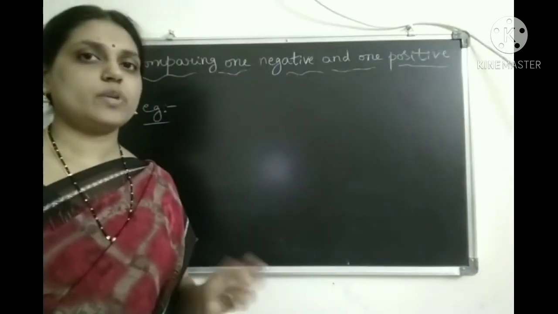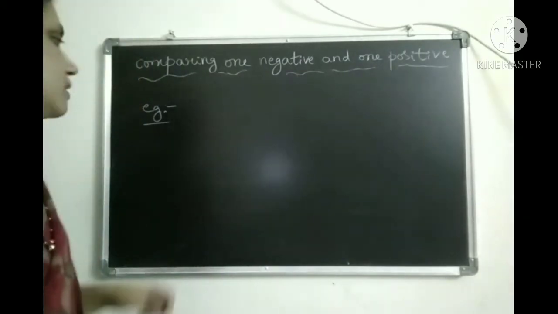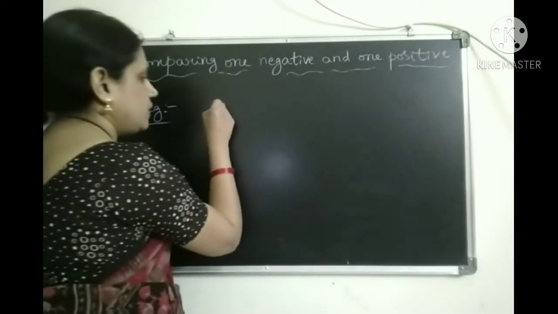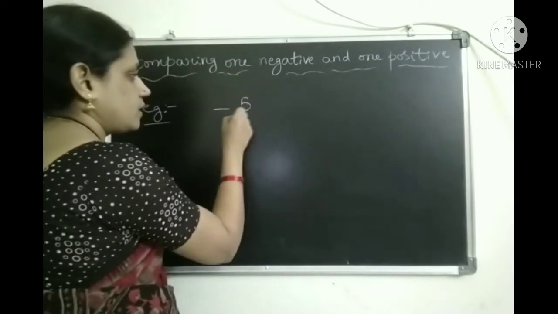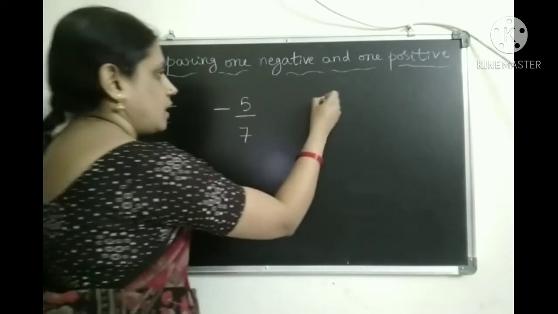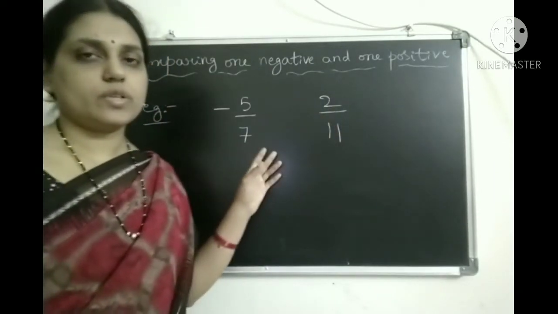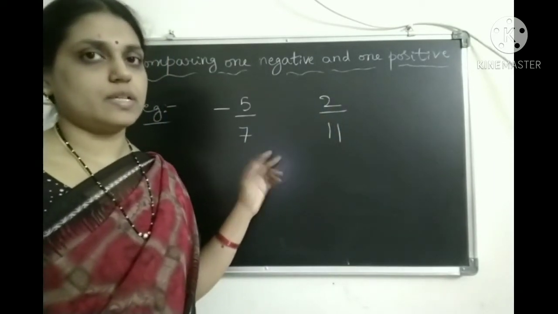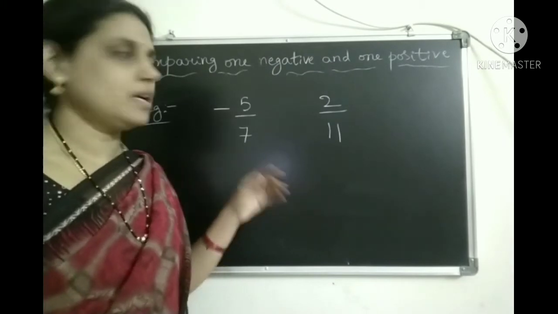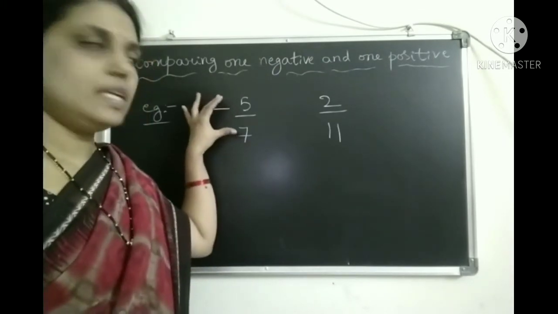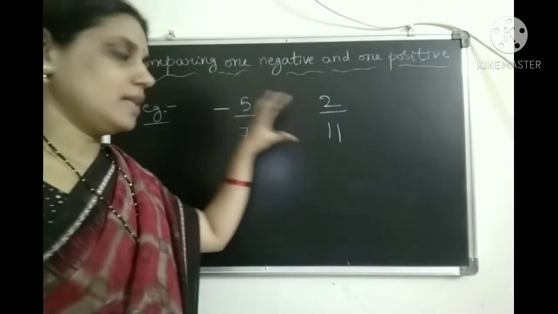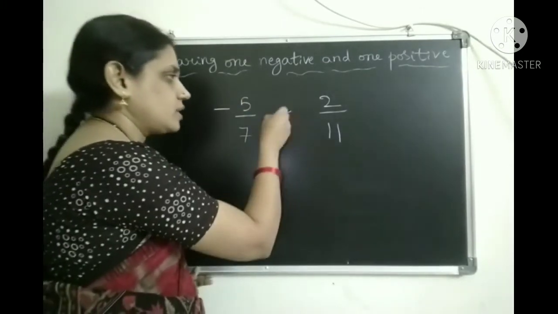Let us see how to compare one positive and one negative rational number. Here, for example, if I take minus 5 by 7 and 2 by 11. Comparing one positive and one negative rational number is obvious. That means it's very clear. Definitely any negative rational number is less than any positive rational number.